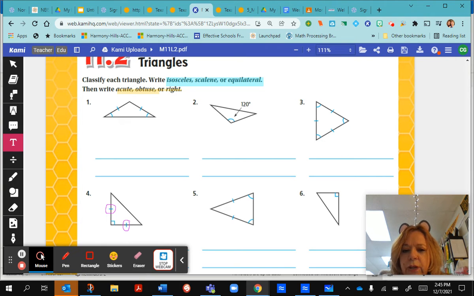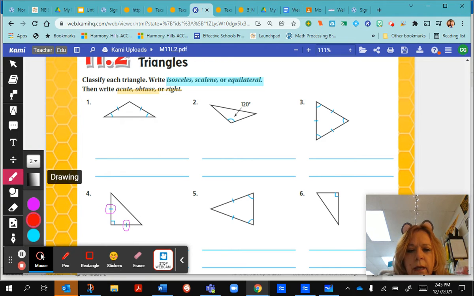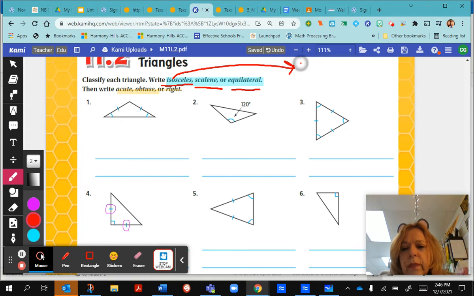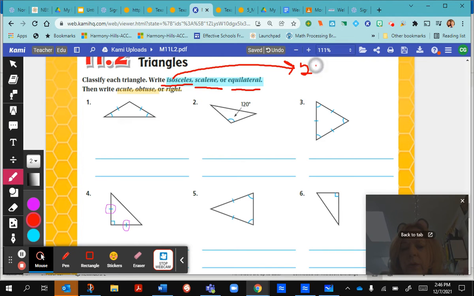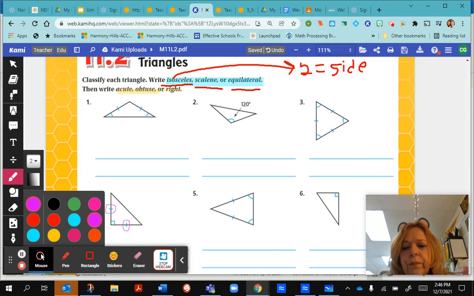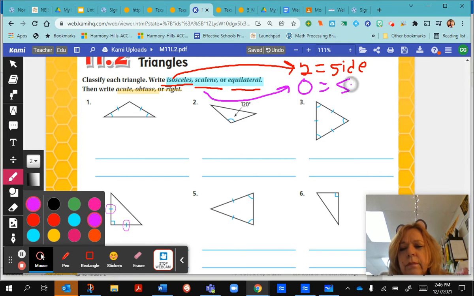We are going to classify each triangle. We're going to write isosceles, scalene, or equilateral. Remember that an isosceles triangle has two equal sides. A scalene triangle has 0 equal sides.